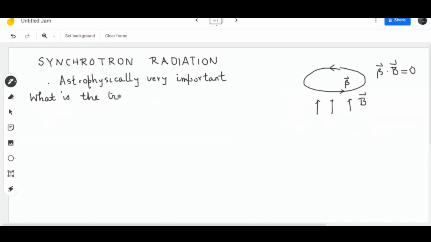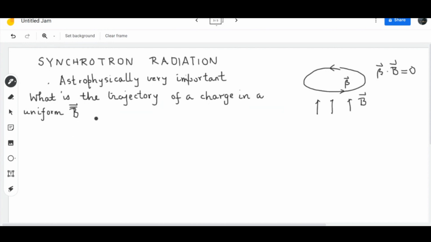I said it's a circular motion, but I would like to derive for you the trajectory of a charge in a uniform field B bar, like I have written here.